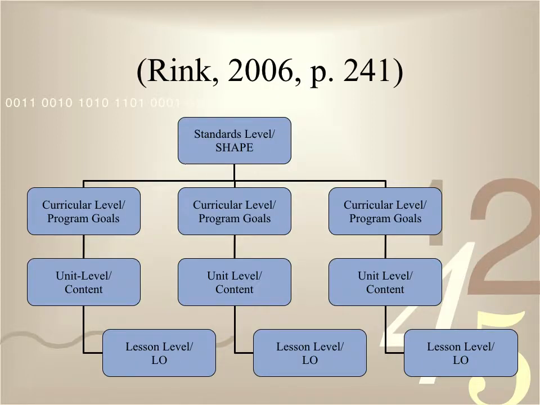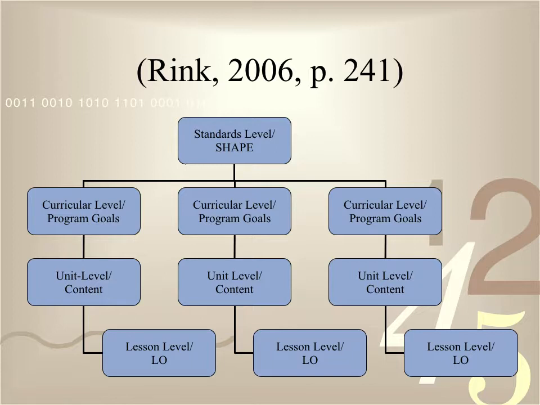And then in another textbook that you're not required to purchase, but I reference, is the Rink textbook. So how Dr. Rink puts this is that we have standard level that drives our development for our curriculum, and our national standards are the SHAPE standards right now.